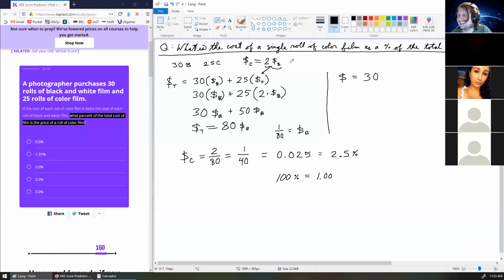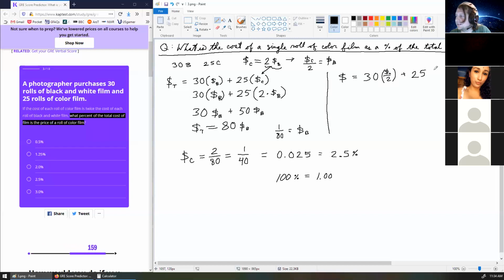Yeah, we can totally do this the other way. Going from here to here, we can get the cost of black by saying cost of color divided by 2 is equal to the cost of black. So you'd end up with 15 plus 25, which is 40, but it's just way more complicated.